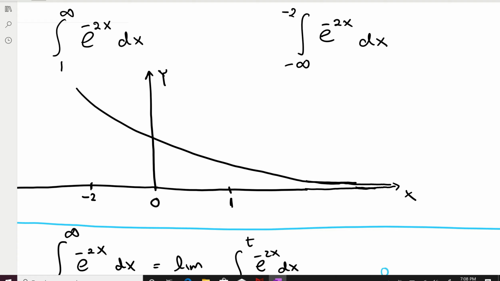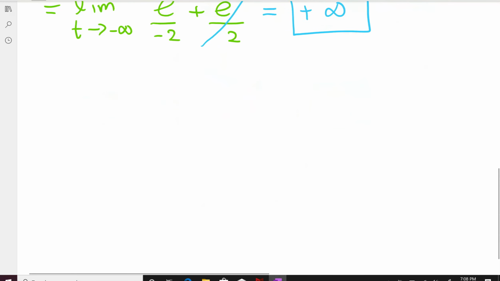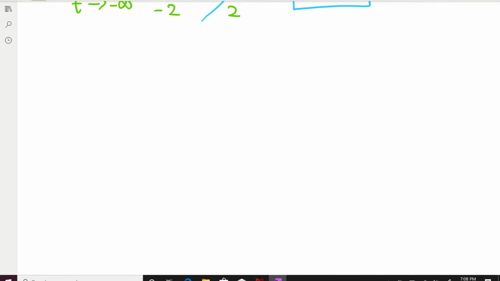Now that's very important, because when you take a limit of a function, you can run into three scenarios. The limit can be plus infinity or negative infinity, and that's bad.